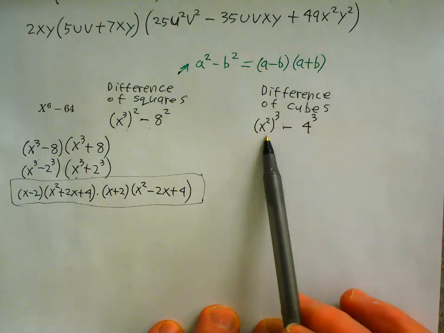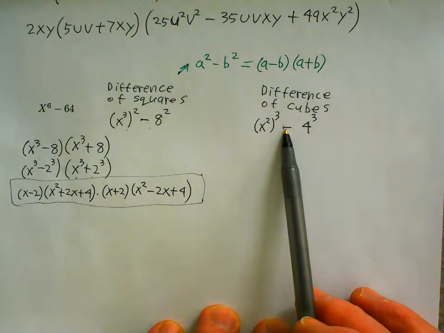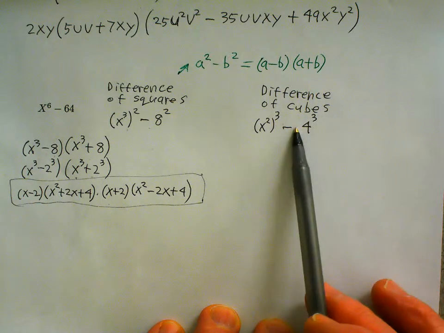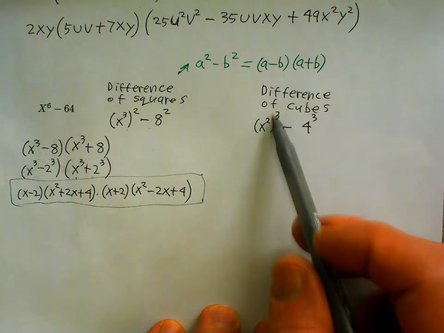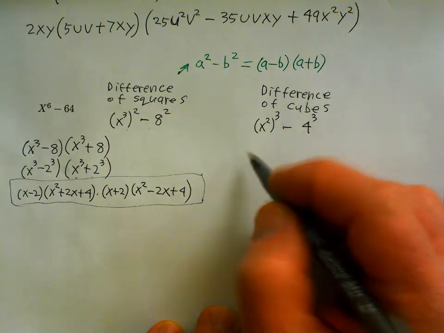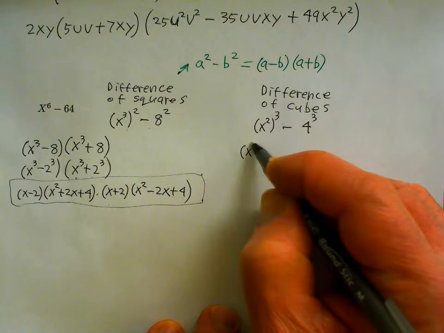Okay, over here, if we factor it as a difference of cubes, so something cubed minus something else cubed, we have x to the second minus 4.